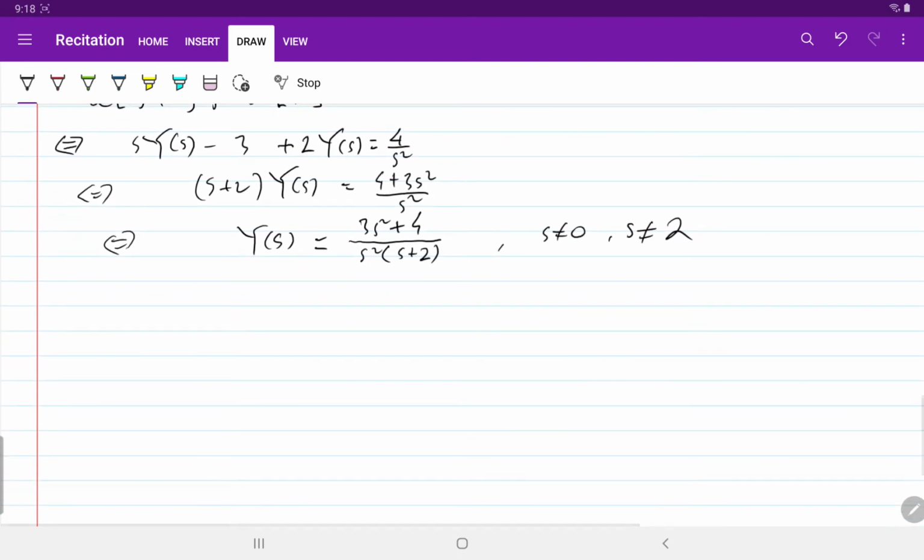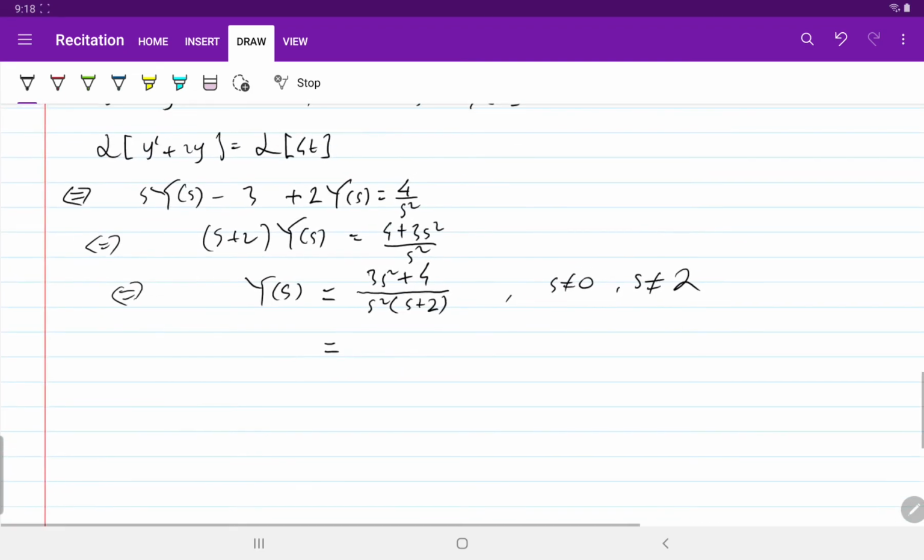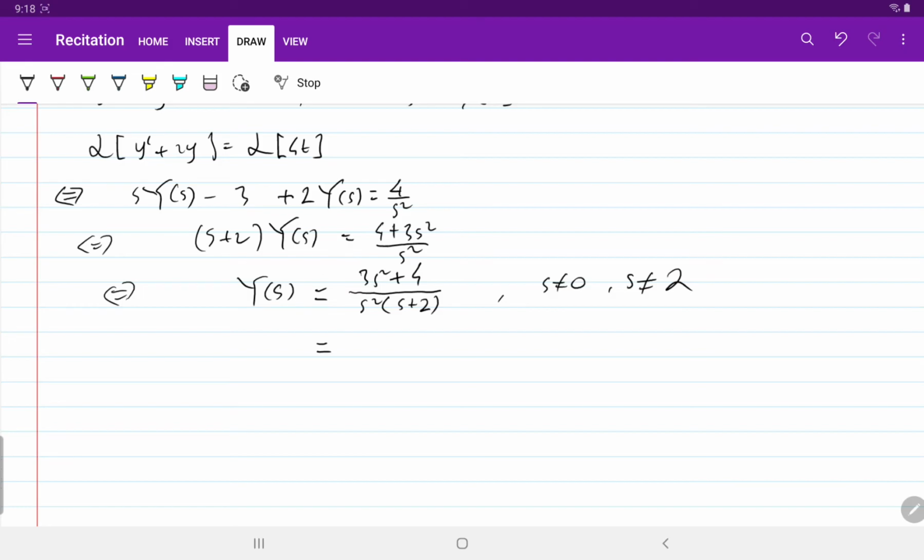Right, so we need to find the inverse Laplace transform. To do that, we need to decompose this fraction into several simple terms. By using partial fraction expansion, we have a over s plus b over s squared plus c over s plus 2.